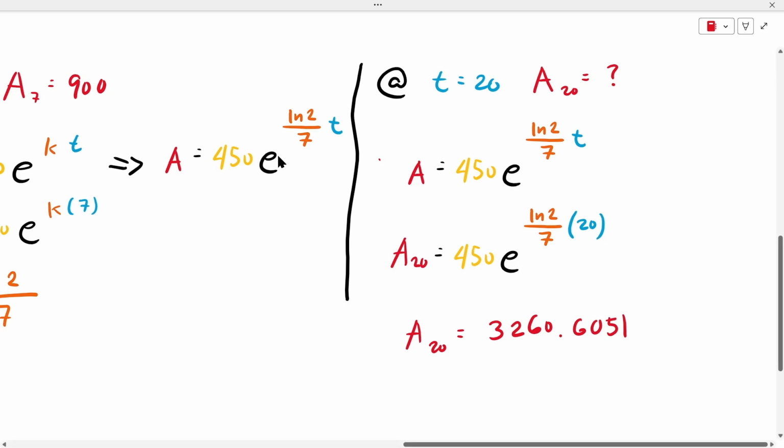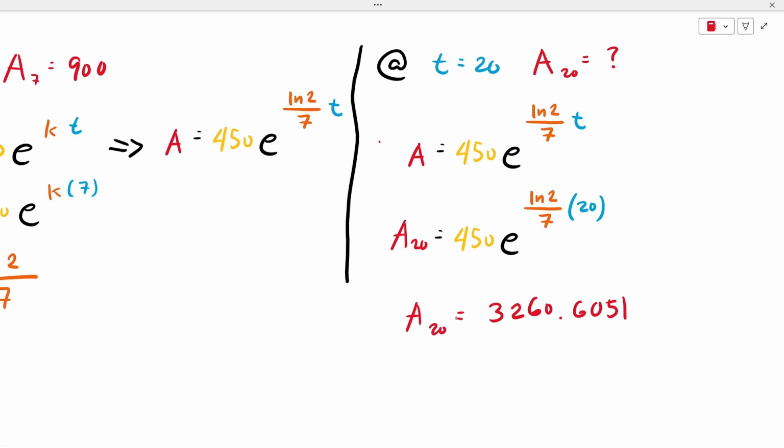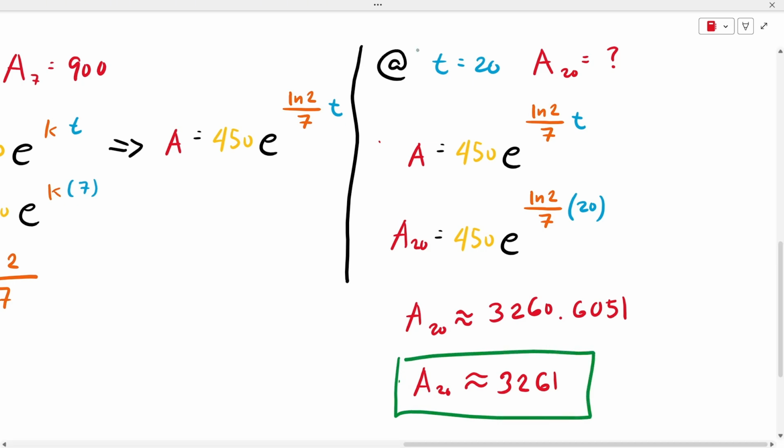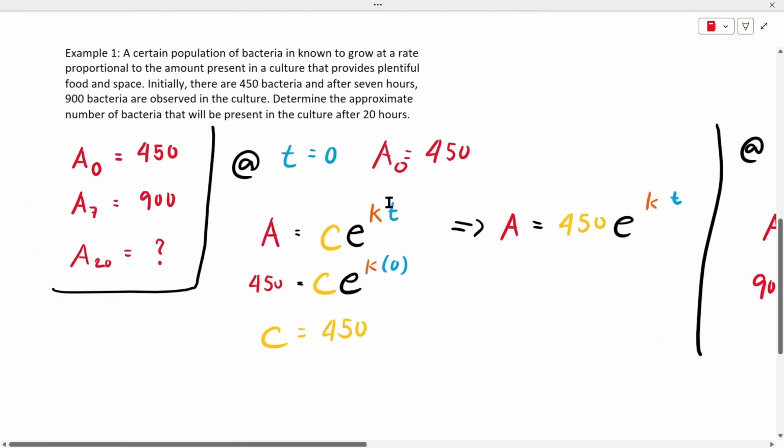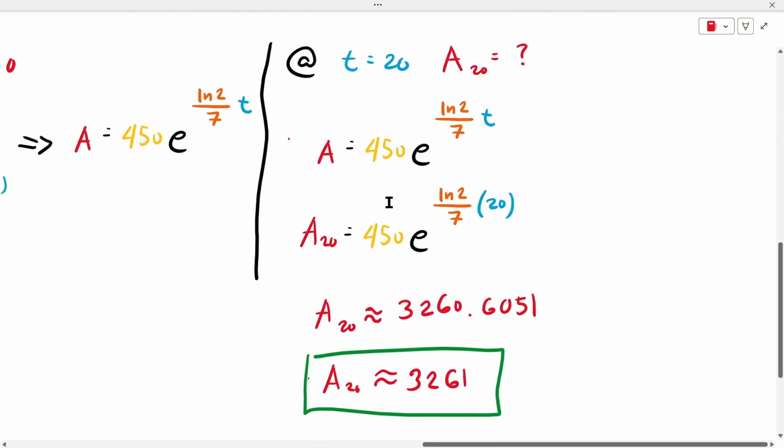But take note, it is bacteria, so it should be a whole number, approximately. So the answer here will be 3261, rounded up. That will be the answer to example number 1.